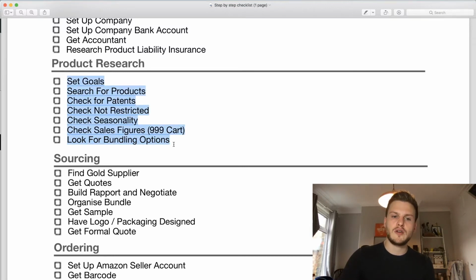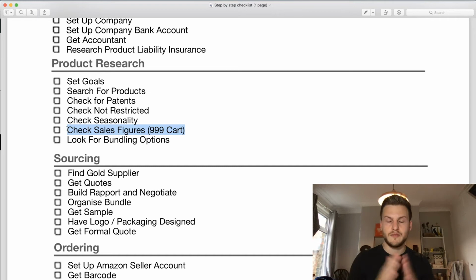Now, this product research stage can take anywhere from a week to 2 months, 3 months. It really depends on how much time you dedicate to it and how consistent you are and how diligent you are with looking for the patents and restrictions and seasonality, and particularly checking your sales figures, because you might want to monitor the top 5 sellers over the space of 2 weeks to really see how much they sell.